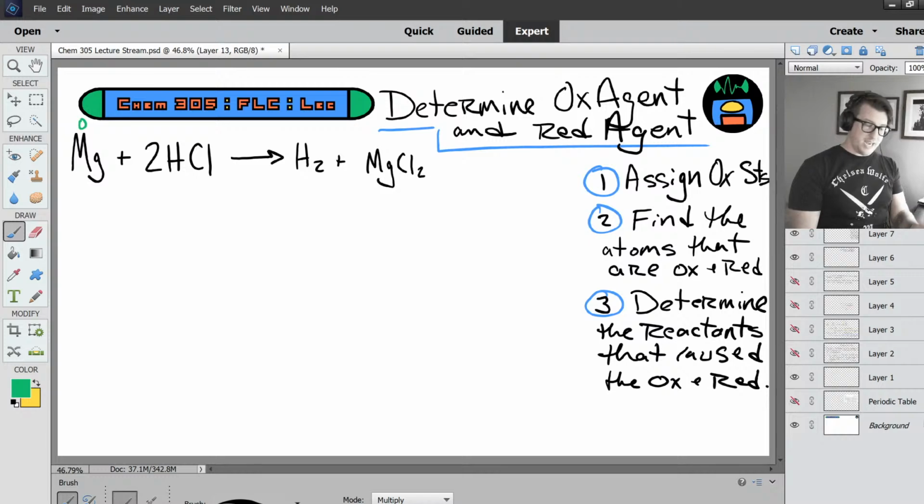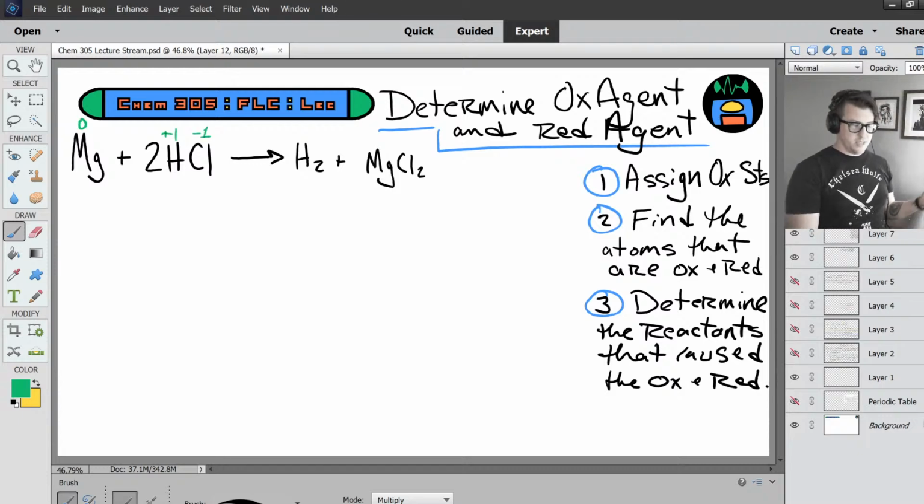Now let's look at HCl. Rule number 2 tells us that hydrogen will always be +1 unless it's the only nonmetal present. Chlorine is a nonmetal, so hydrogen is +1. If hydrogen's +1, that means chlorine has to be -1, right?